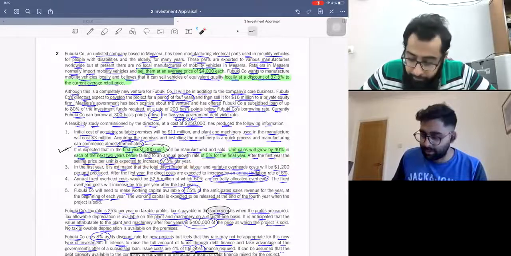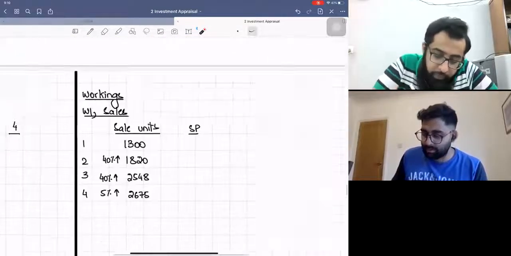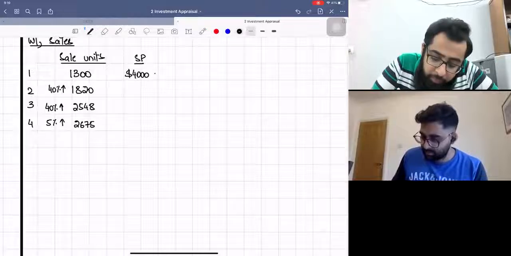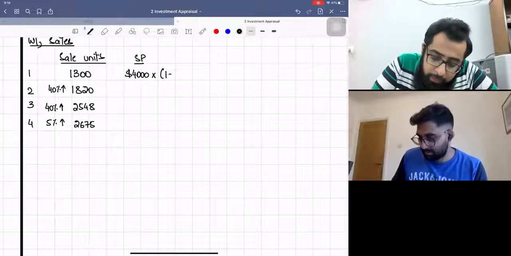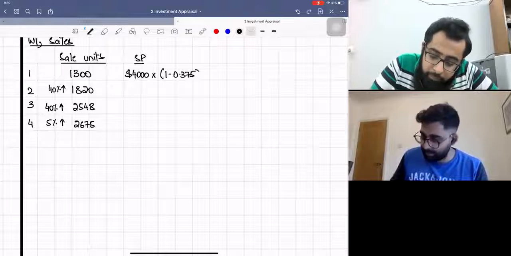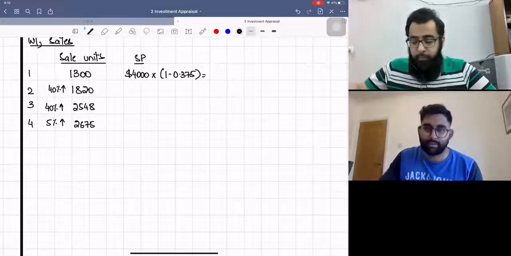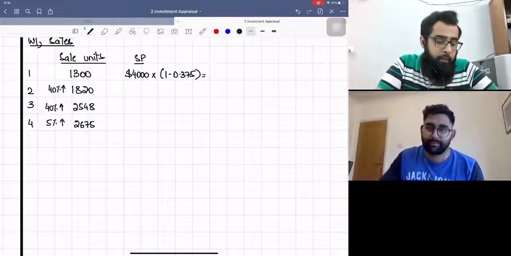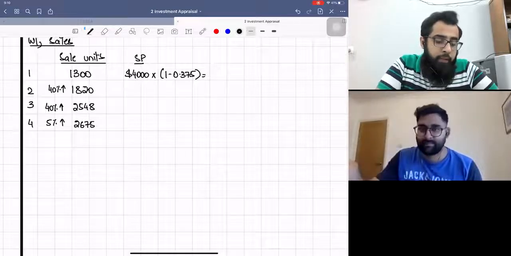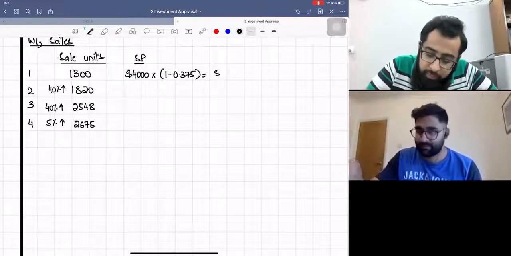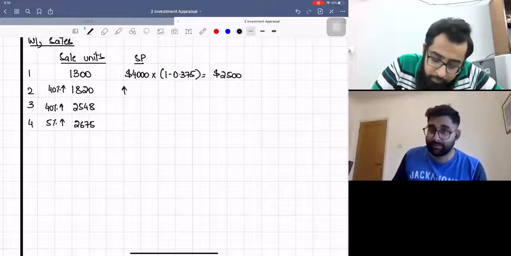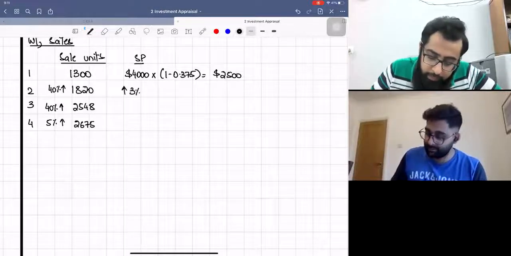So in the first year, $4,000 times 1 minus 0.375 is 2,500. Now you have to increase it by 3%.